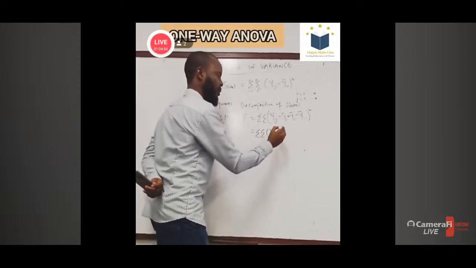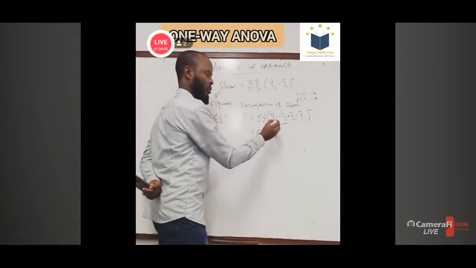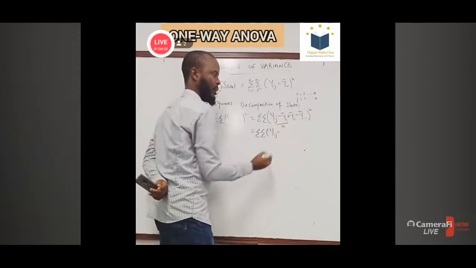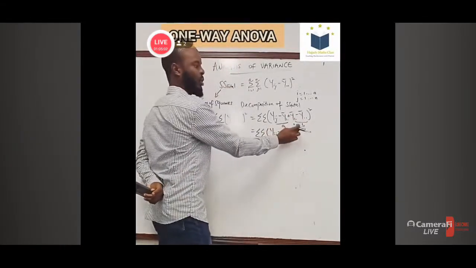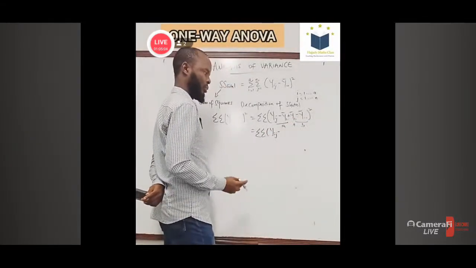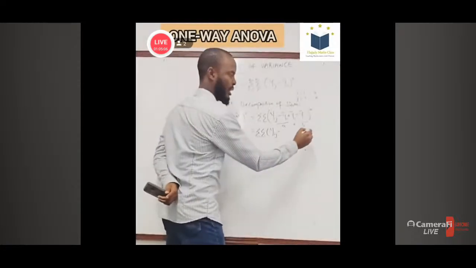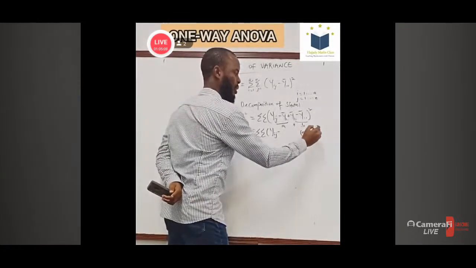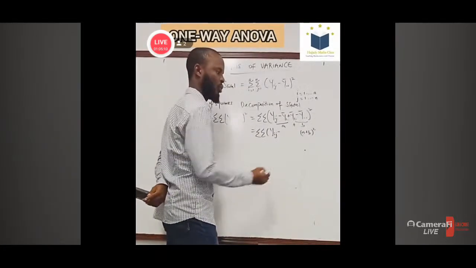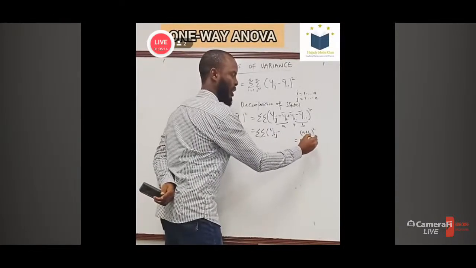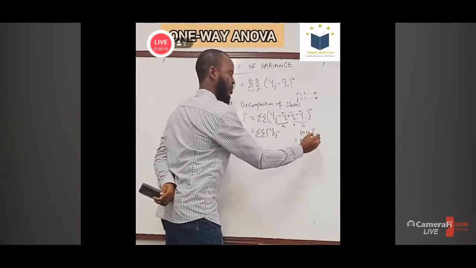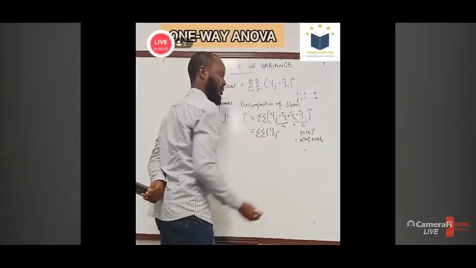This is the same thing as saying, just take these two, call this a and this b, it's like you having a plus b. And don't forget, if you want to expand a plus b to the power of 2, you are going to have a squared plus b squared plus 2ab.